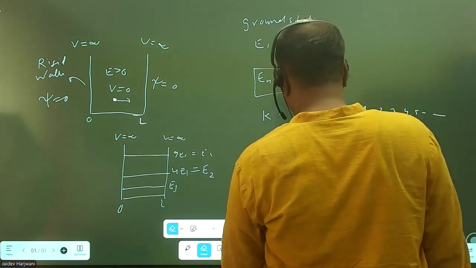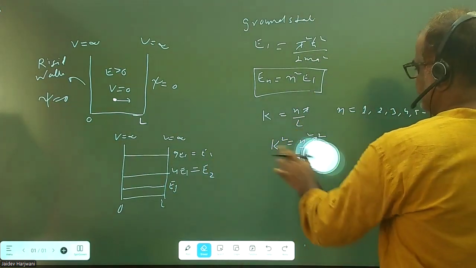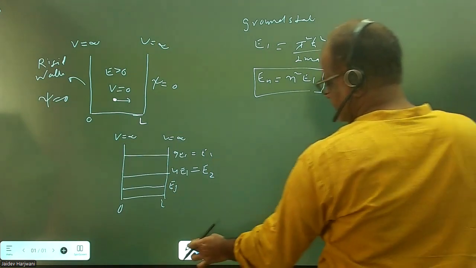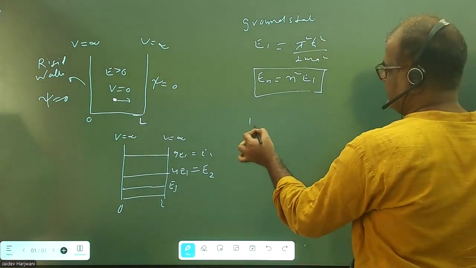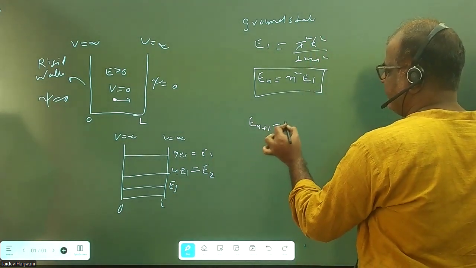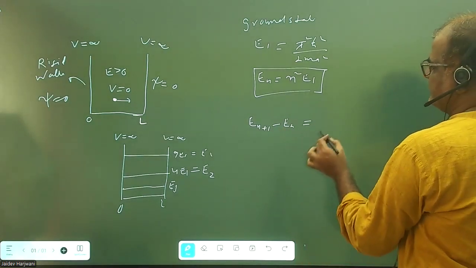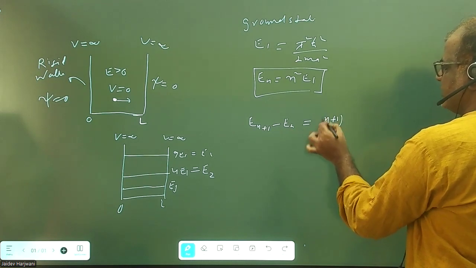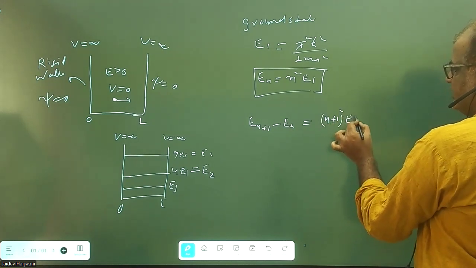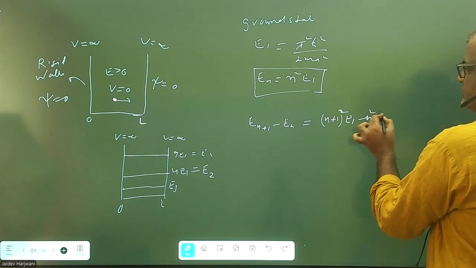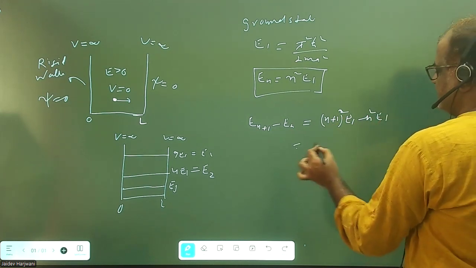So let us now calculate the gap between two levels. The gap between the two levels will be E(n+1) minus E(n), which is (n+1) square E1 minus n square E1.